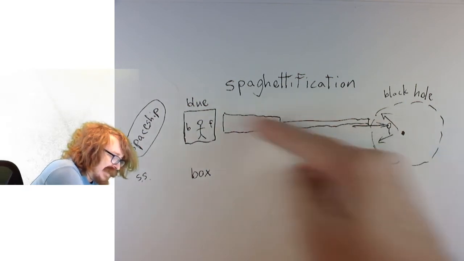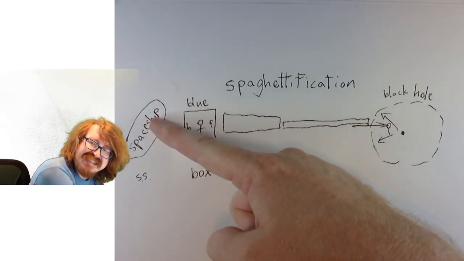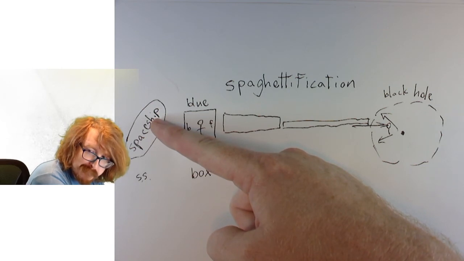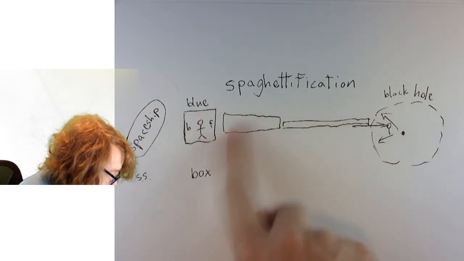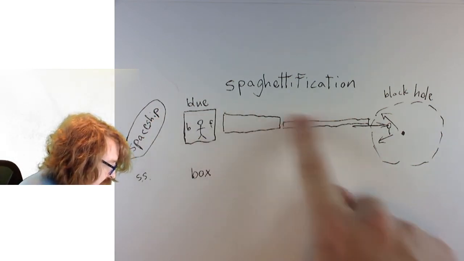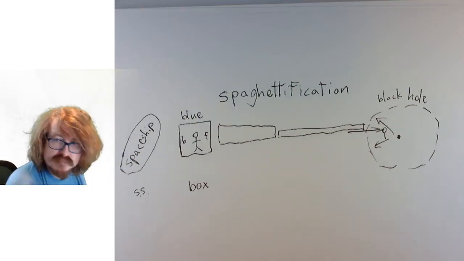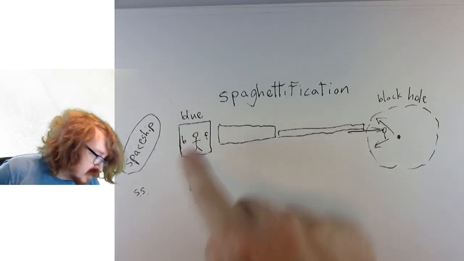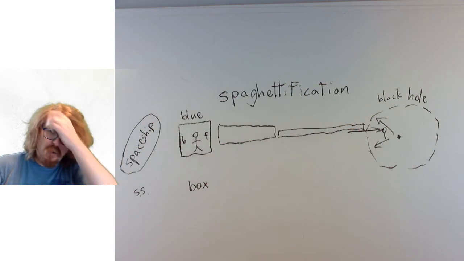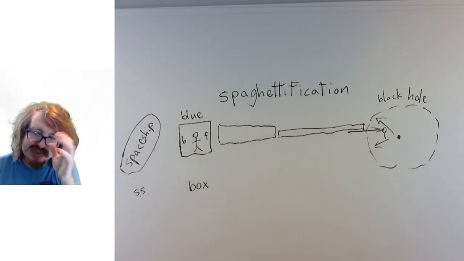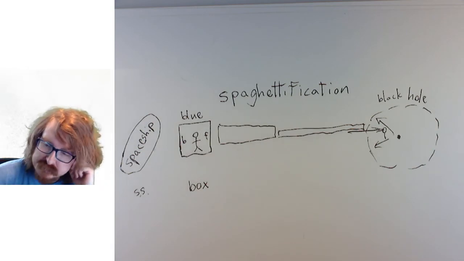When you look back at the spaceship, you see their time speed up. And your box stays the regular color all the way in. Okay.